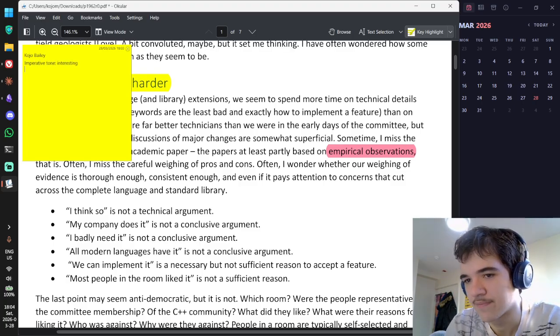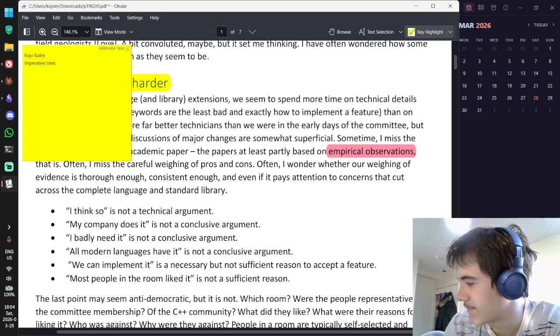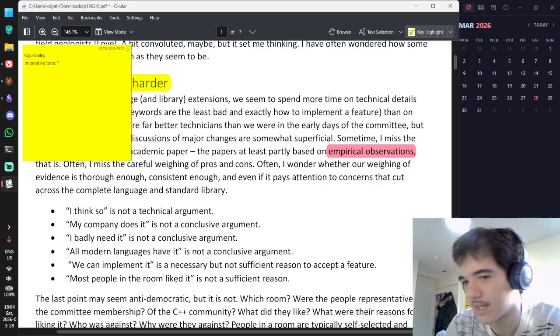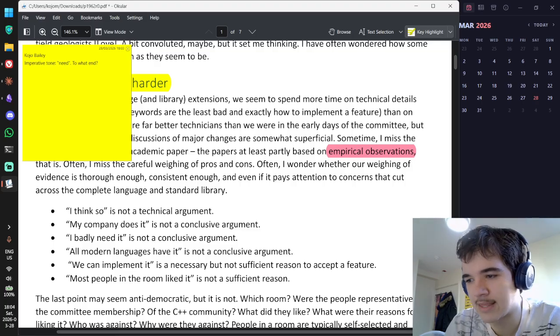Well, okay, but why? Imperative tone, right? Needs. And also, to what end? For what goal? But that's a question. So now I have a red inside a yellow.